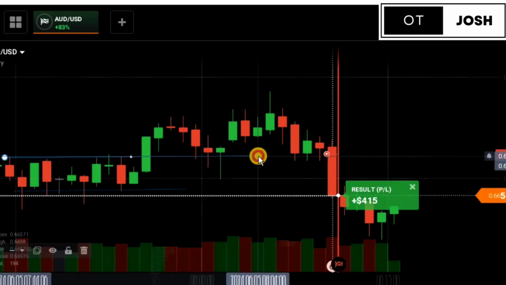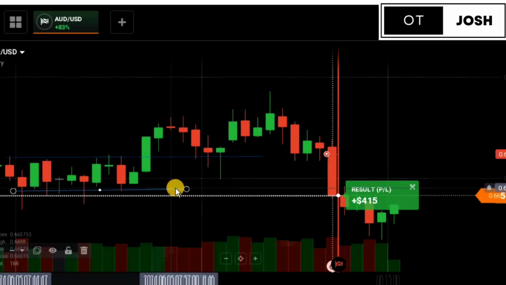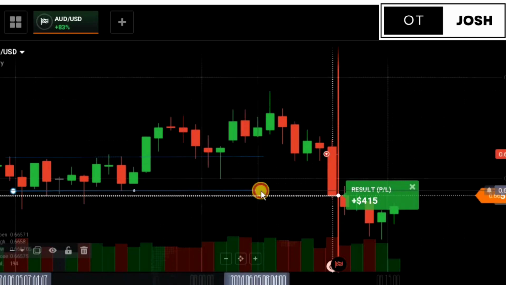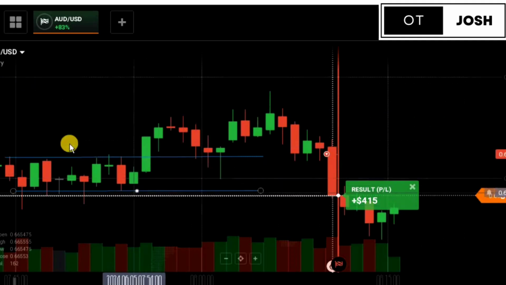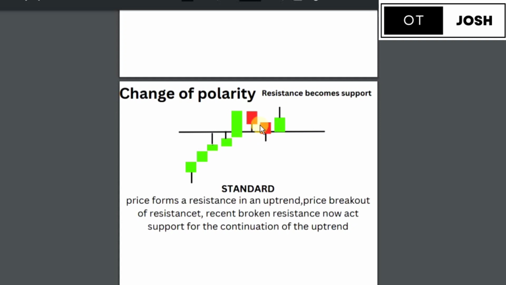Now these are candlestick patterns. I can't predict how the candlestick will turn out to be. No, I can't do that. But if you look clearly now, this is what we have: a balanced area, a change of polarity. You understand? Price forms a resistance in an uptrend.